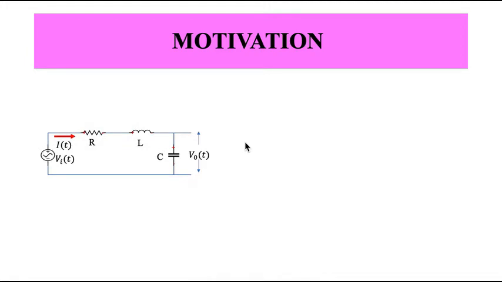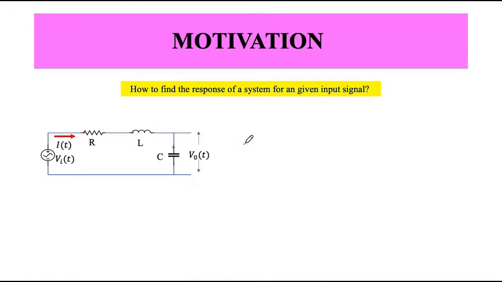Let us say I start with an RLC circuit and I am given a certain initial voltage. I would ask you to compute the output voltage across the capacitor, or even the current i(t).